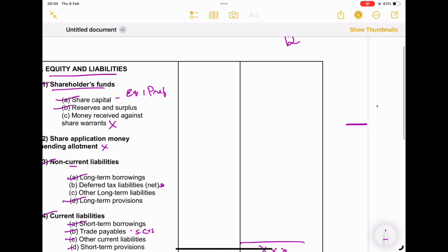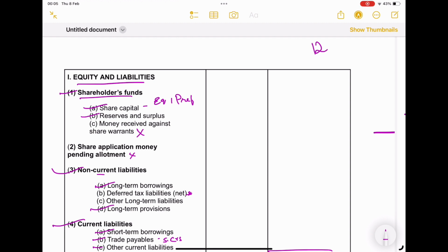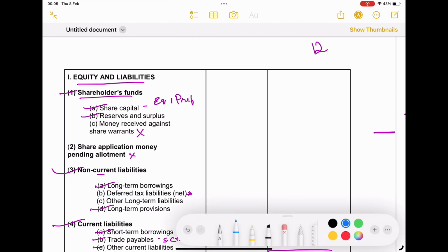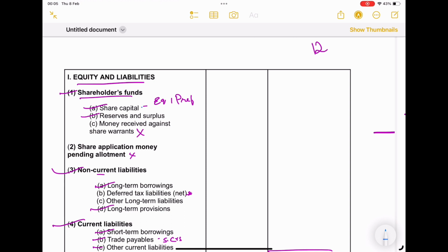I'll change the color now so that it is very easy and vibrant to understand. So this is the note number column, right? Always note 1 represents share capital. If there is any calculation, or even if there is no calculation, you just write note 1, 5 lakh rupees equity shares, 5 lakh. That you mandatorily have to write.